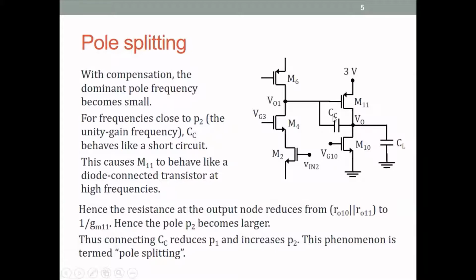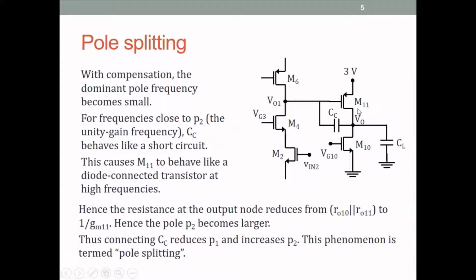Now if Cc behaves as a short circuit, then effectively around the unity gain frequency or around P2, the gate and drain of M11 are shorted. That means that M11 becomes like a diode connected transistor.